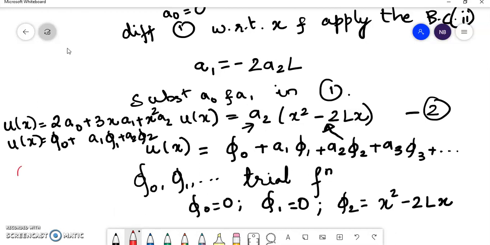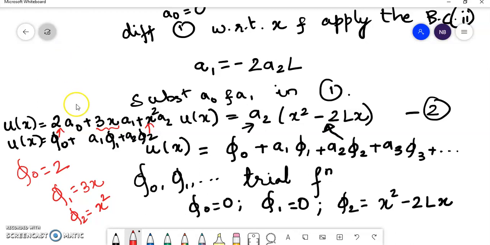So here phi 0 would be 2, phi 1 will be equal to 3x and phi 2 will be equal to x square. So the coefficients of a0, a1 and a2 are equal to phi 0, phi 1 and phi 2 respectively.